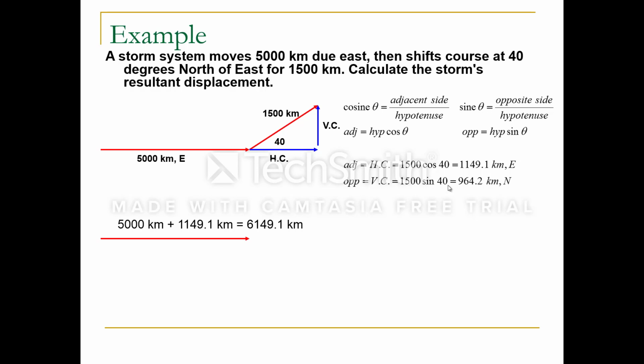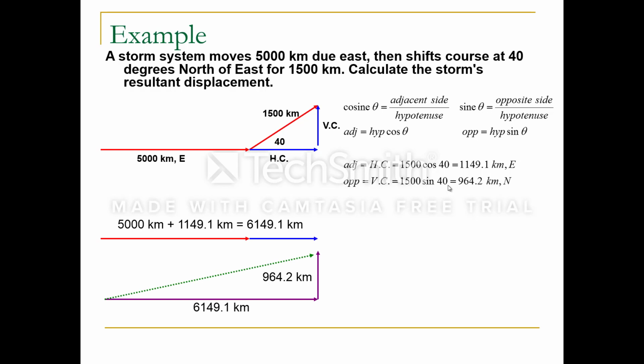That tells me that my total distance in the x direction was 6,149.1 kilometers. My total vertical part was 964.2. So my resultant vector goes along there, and this green arrow would match up as if you drew an arrow from the first one all the way across.